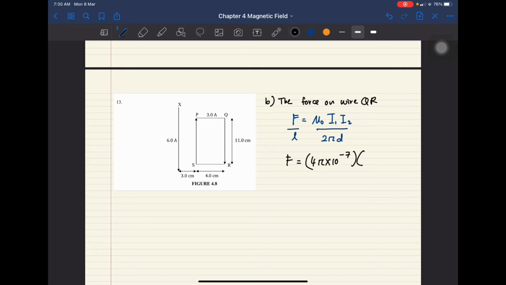There's the same current over here, so it will be 3. The distance now, you need to use the distance from here to here, which will be 7 cm, which is 0.07, and the length is 0.11.